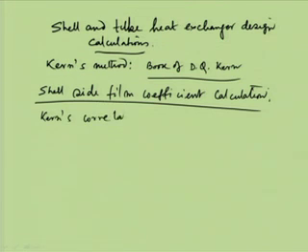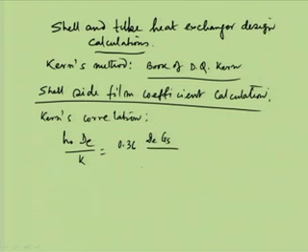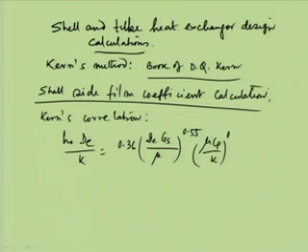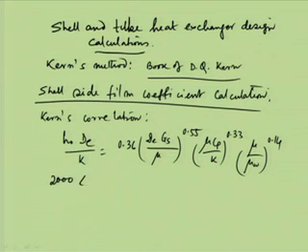Kern's correlation is given by h0 dE by k, where h0 is the film heat transfer coefficient in the shell side, dE is the equivalent diameter and k is the thermal conductivity in the shell side, equal to 0.33, that is the constant, into dE Gs by mu, where Gs is the shell side mass flux or mass velocity, to the power 0.55, and then mu Cp by k, the Prandtl number, to the power 1/3, and then the viscosity correction ratio mu by mu W. This is the relation that should be used, and it is valid for a wide range of Reynolds numbers for shell side applications.